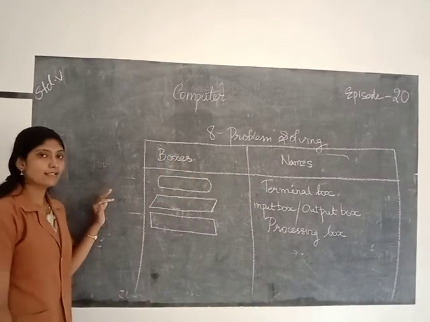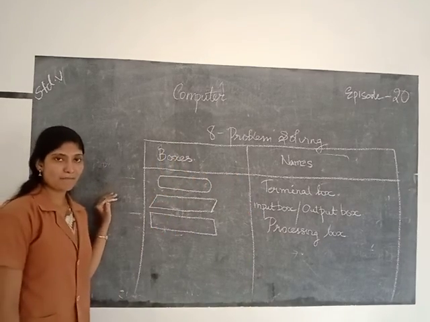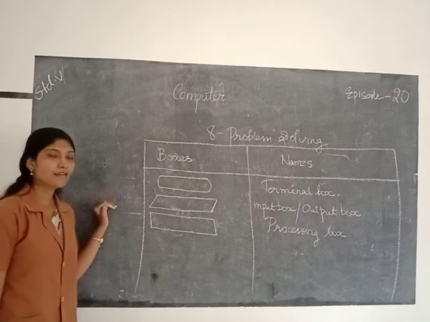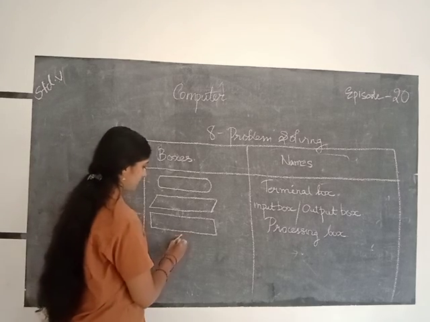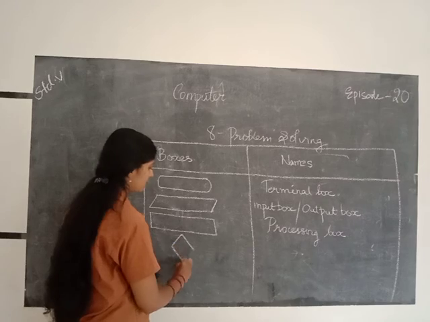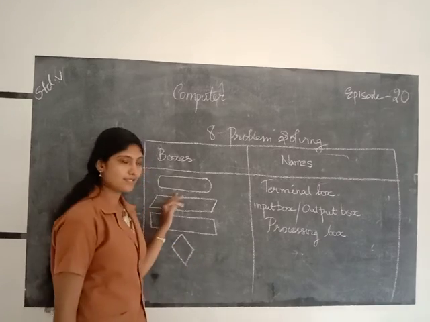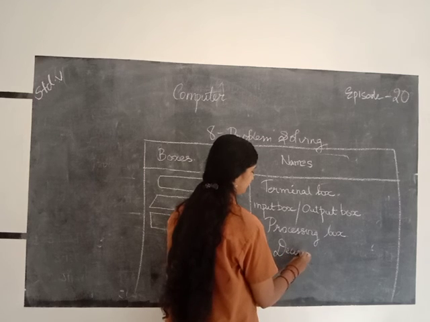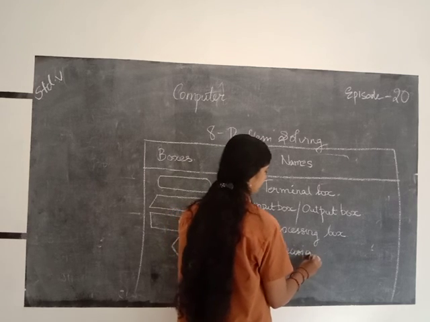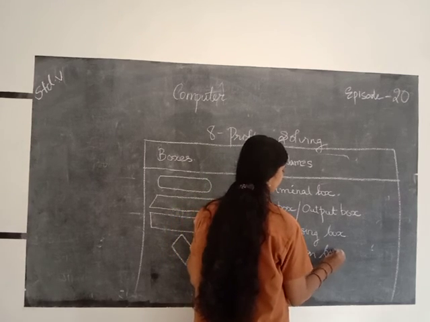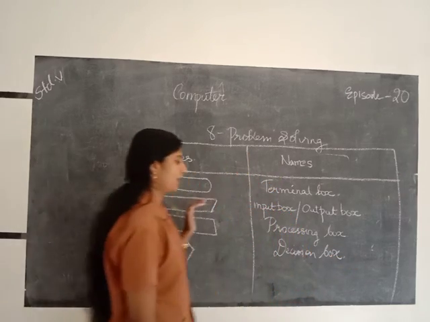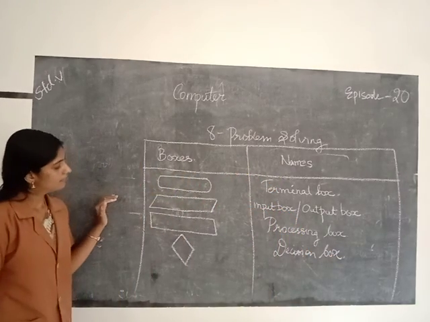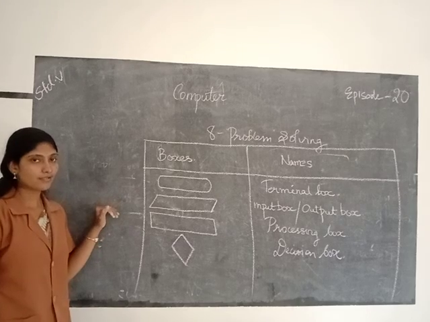Then next, if you have any comparison, then you should write it in the comparison or decision box. It's a rhombus or diamond shaped box, which is known as decision box. So these are the main important boxes.